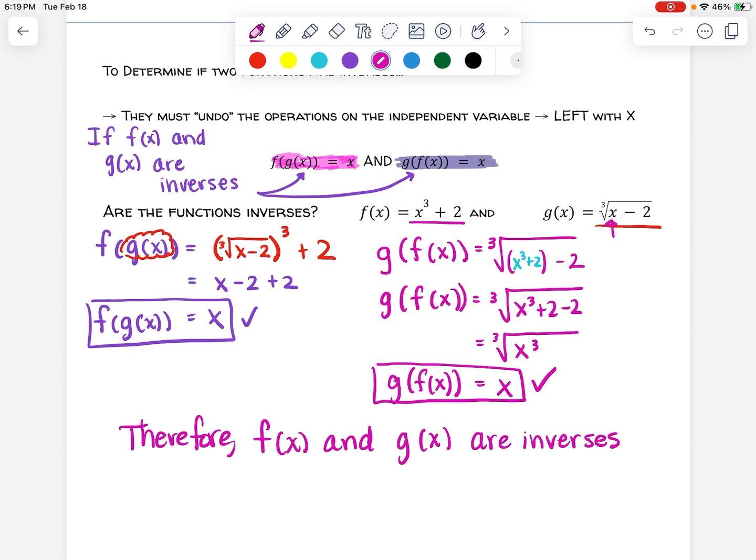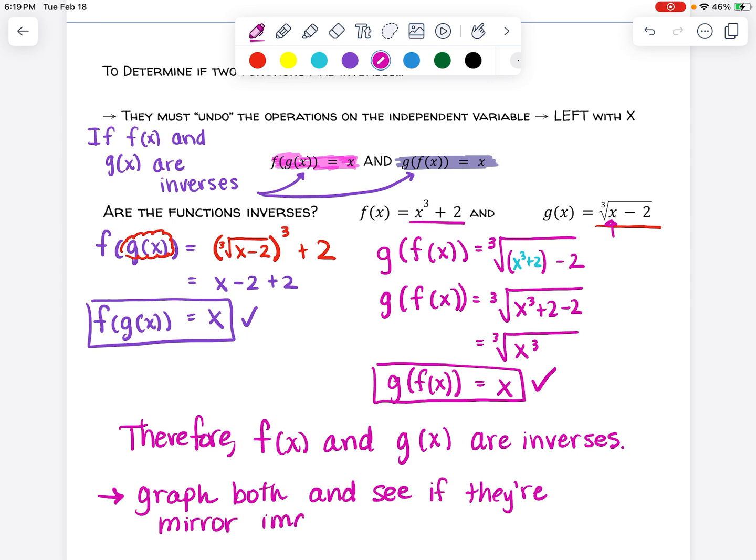Now, another way to see this, or to check it, is to graph both functions and see if they are mirror images over y equals x.